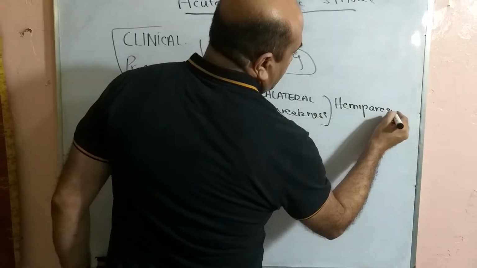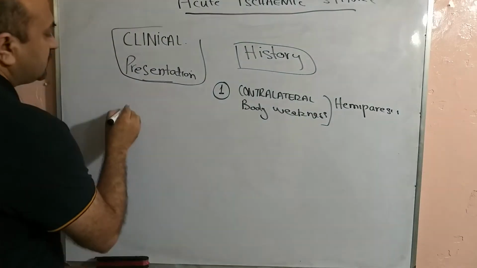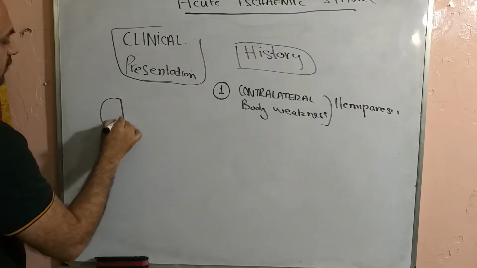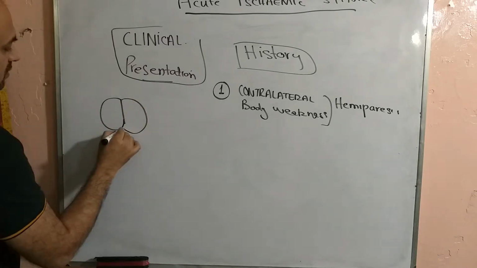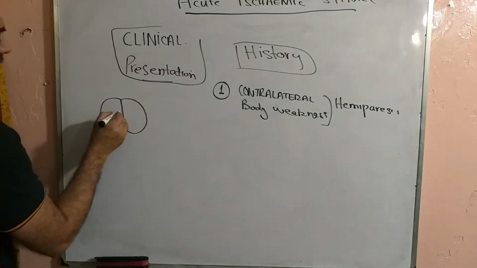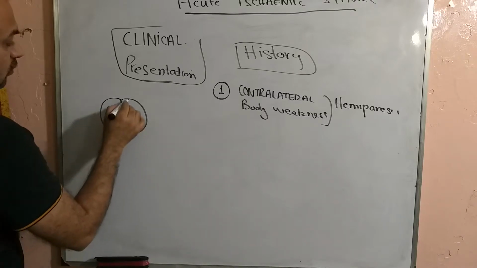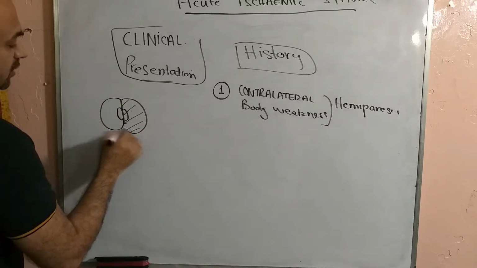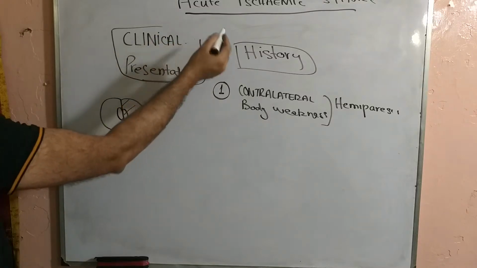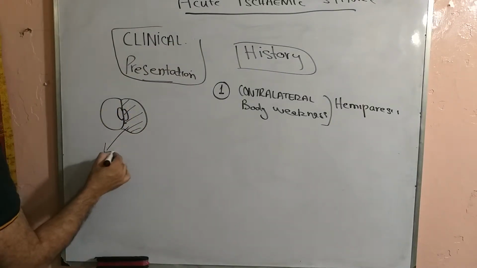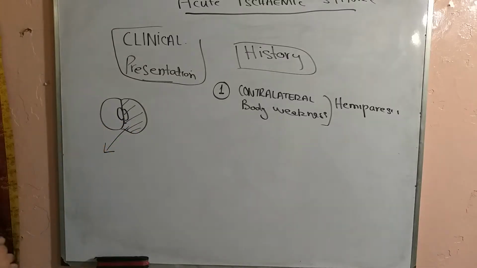For example, if the left side of the brain is involved, if I make these two halves of the brain, this is the axial view. These are the ventricles. So if one part of the brain is involved because of vascular obstruction, the weakness will be on the opposite side.